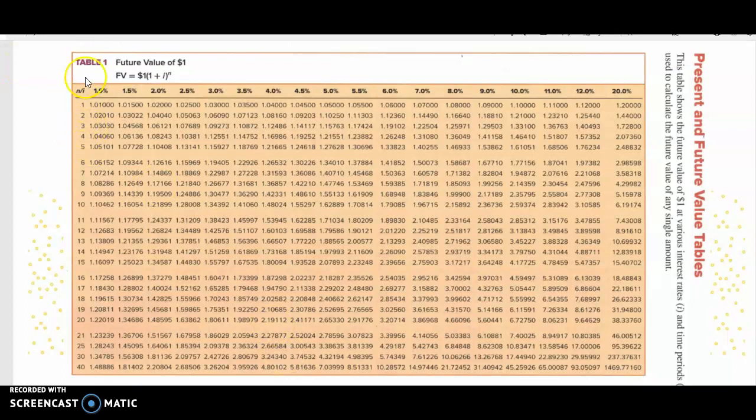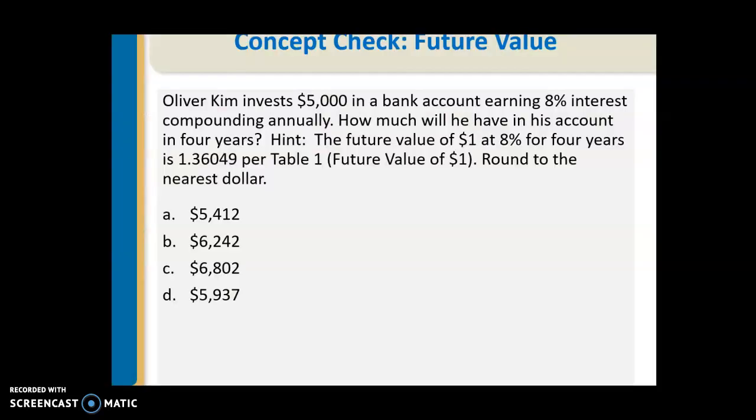Table 1, n equals 4, i equals 8%, a factor of 1.36049. Go ahead and do your calculations, and then start the video again to check your answer.